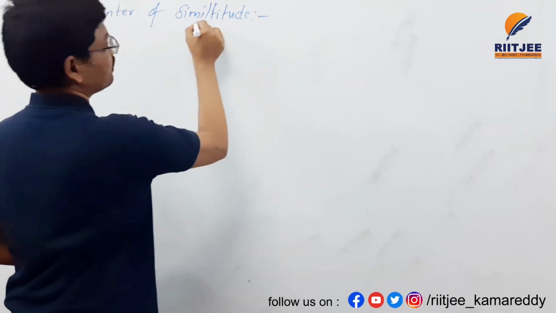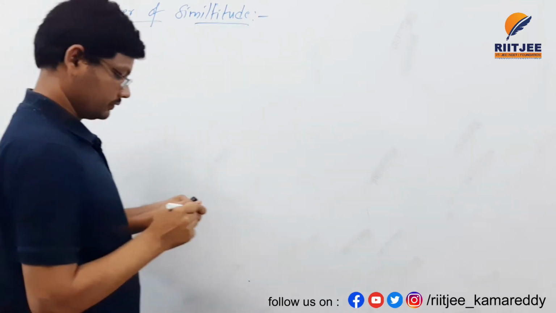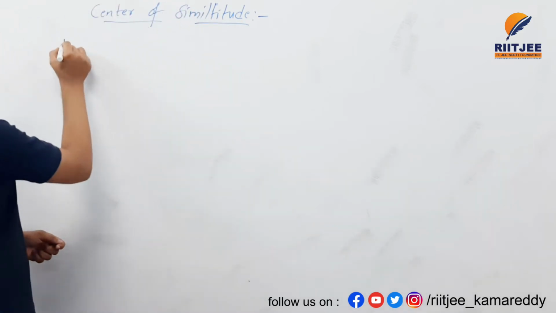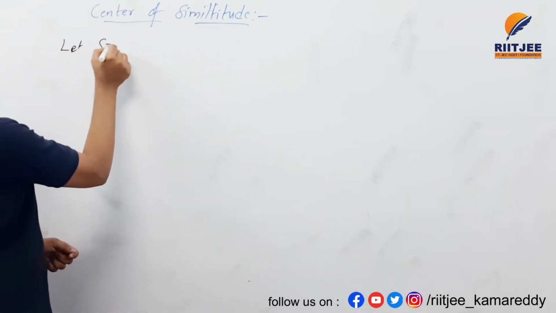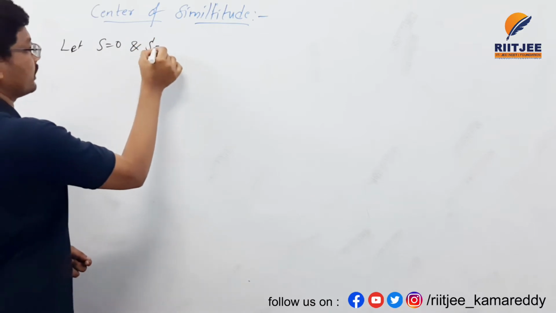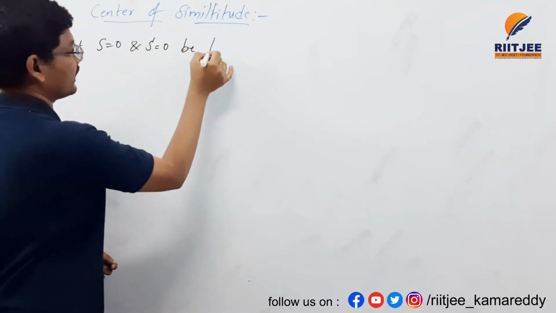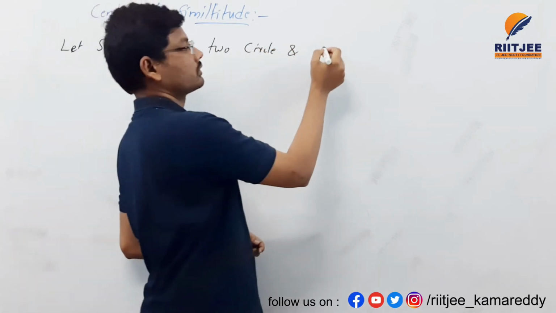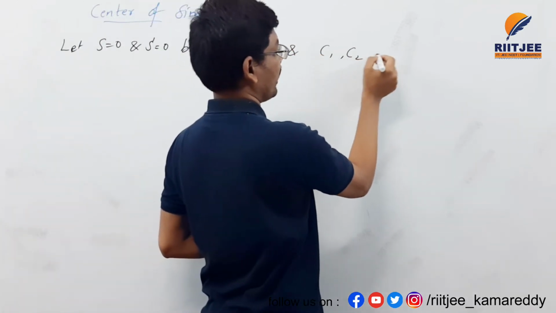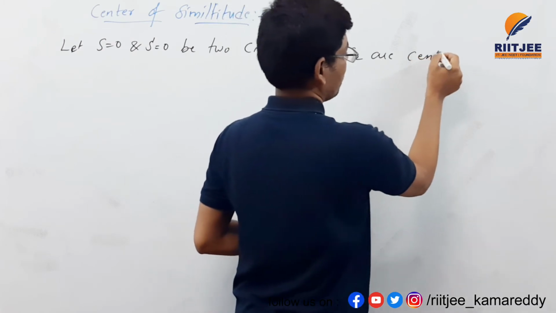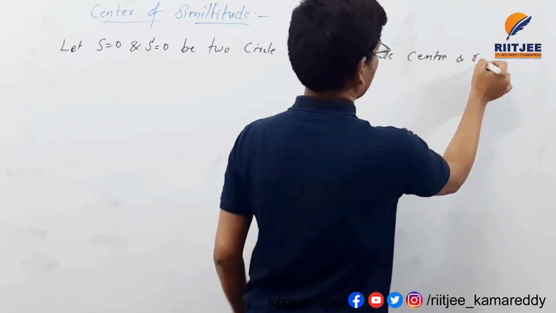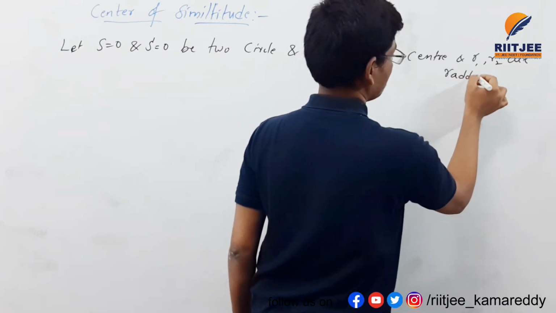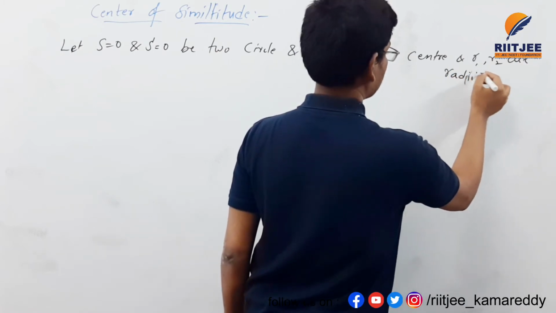Center of similitude. Here let S is equal 0 and S dash is equal 0 be two circles, and C1, C2 are centers, and R1, R2 are radii of the two circles.